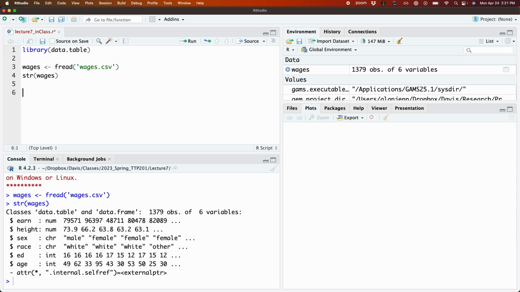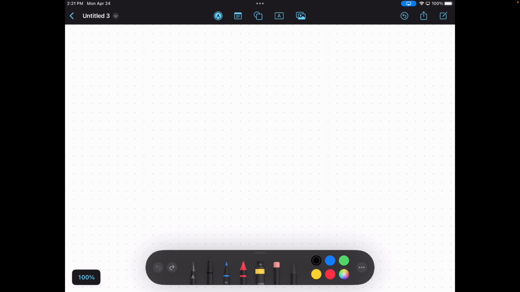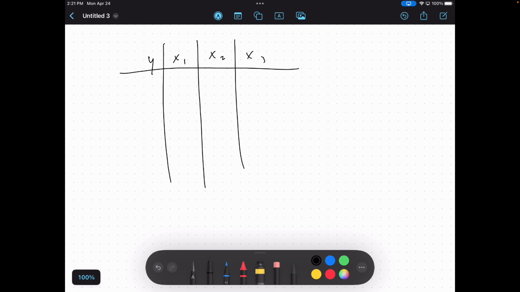If I had a table y, x1, x2, x3, and I have my values like this, the leverage is not in reference to the leverage of a particular variable.